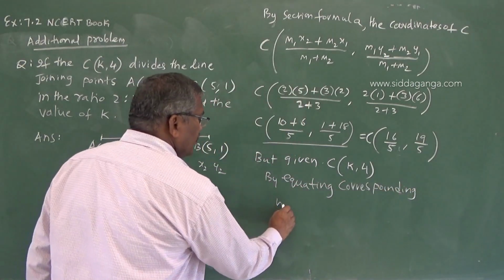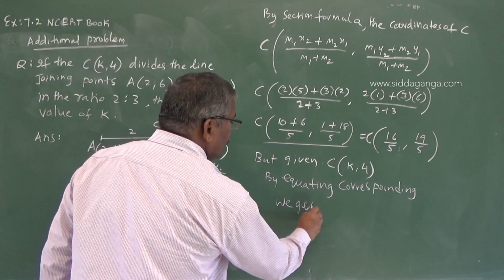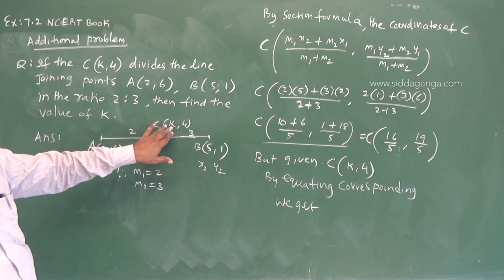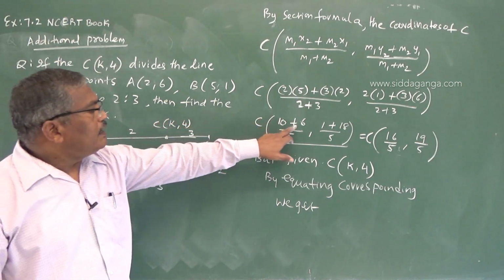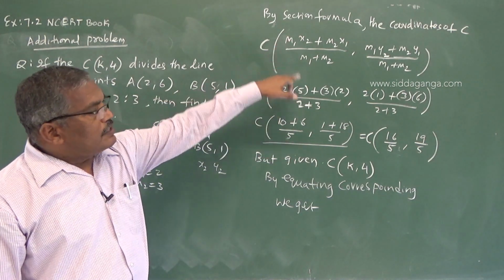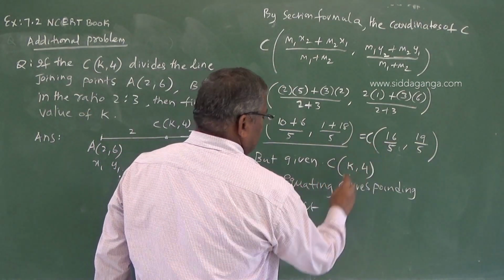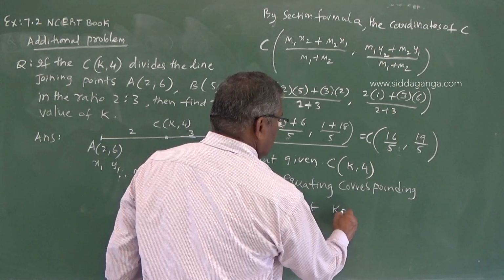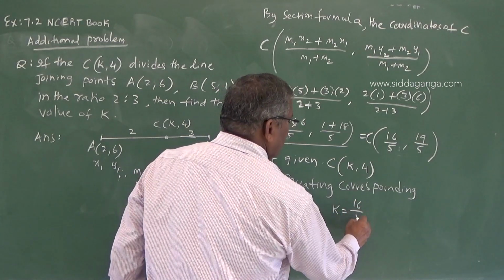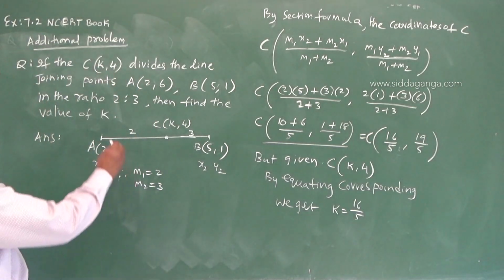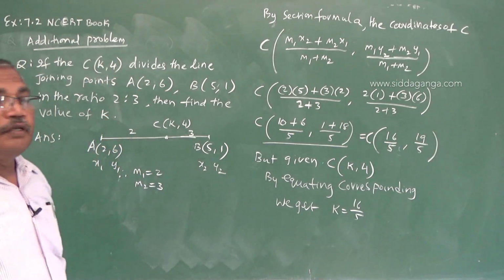The x coordinate is K, and we have calculated the x coordinate by the section formula. Therefore K equals 16 by 5. So this is what we were supposed to find out.